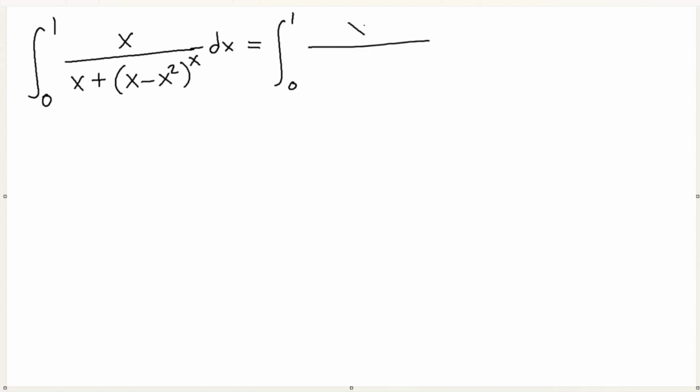Let's see, this is x to the power of x, 1 minus x to the power of x. Huh. Interesting. But what if we divide top and bottom by x to the power of x?